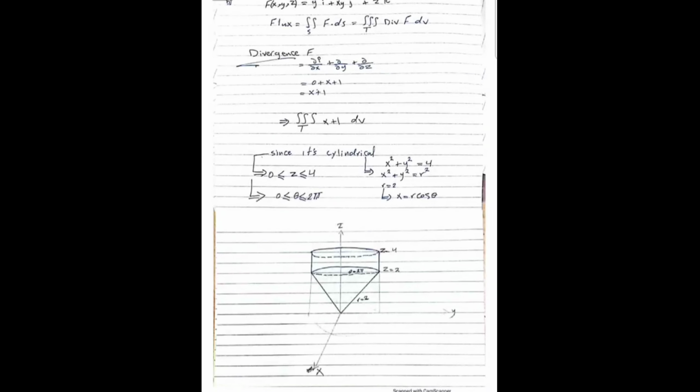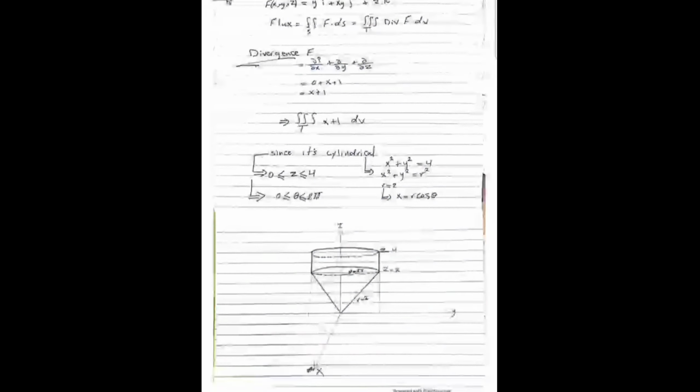Now for question B, the function here, we first will do the divergence by doing the differentiation for every part with respect to its variable, like the differentiation of P with respect to X, and differentiation of Q with respect to Y, and differentiation of R with respect to Z. We'll get X plus 1.